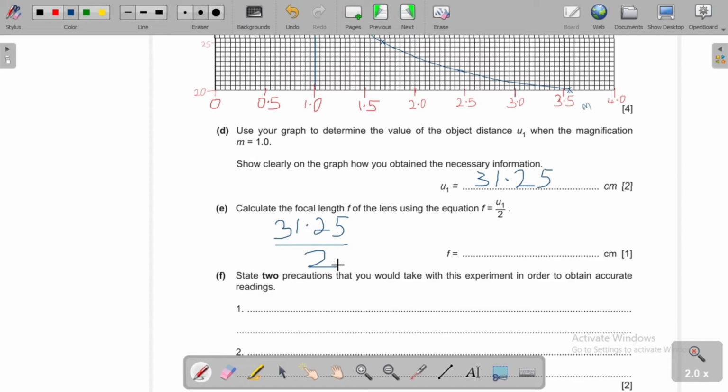It is as simple as that. 31.25 divided by 2, and that gives 15.63.